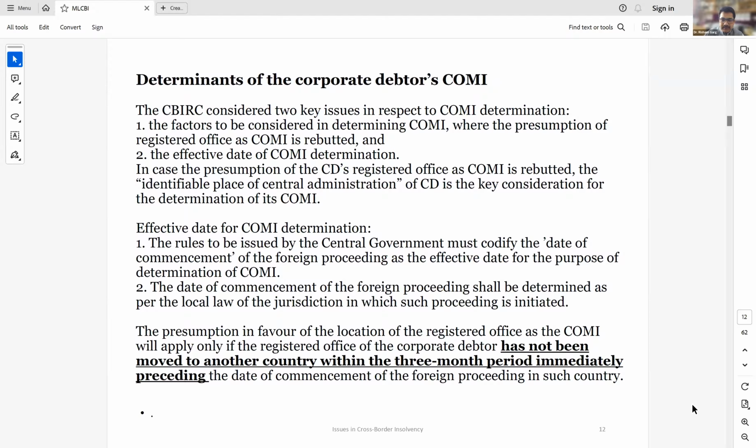And after this registered office is shifted, the creditors file the insolvency application, and it's always available for the CD to argue that my registered office now is in Hong Kong, it has been shifted, so India should not admit the insolvency application. But this proviso says that if the registered office is shifted within 3 months, then the shifting of the registered office can be disregarded.